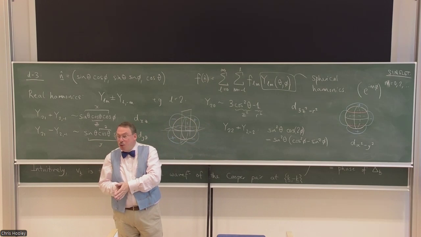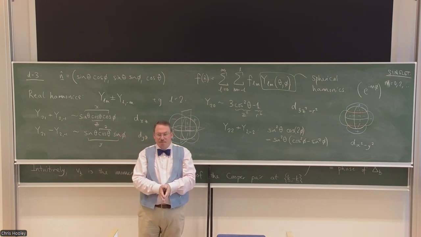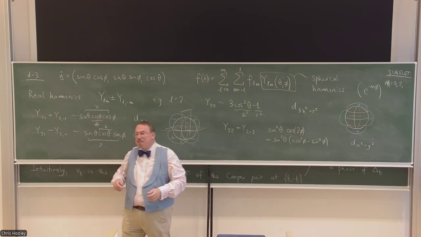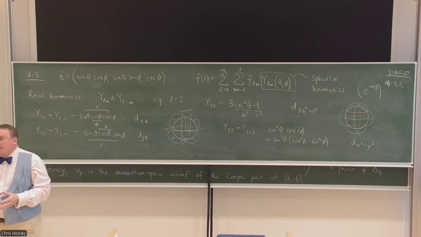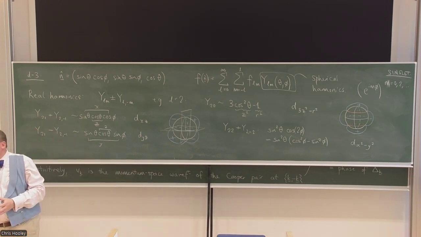Other questions or comments? Yeah. So the P-wave case, where you just said it's forced for the spins to be in a triplet state, how do you square that with an expected magnetic response for triplets?